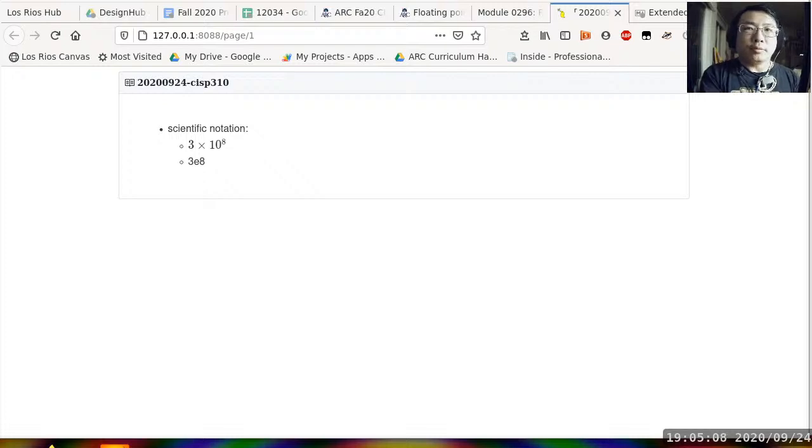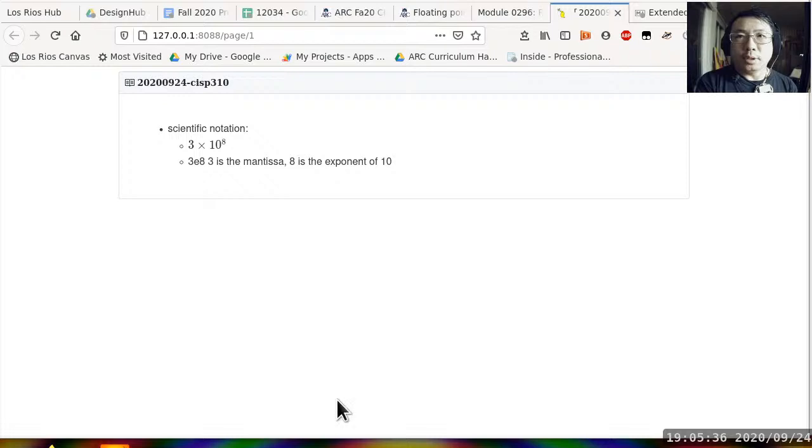In this case, 3e8 means 3 is known as, quote unquote, the mantissa. There's a lot of misunderstanding of what mantissa is, and we'll talk about why it's called that, but we'll look at the 3 as the mantissa. So 3 is the mantissa, and then 8 is the exponent of 10.